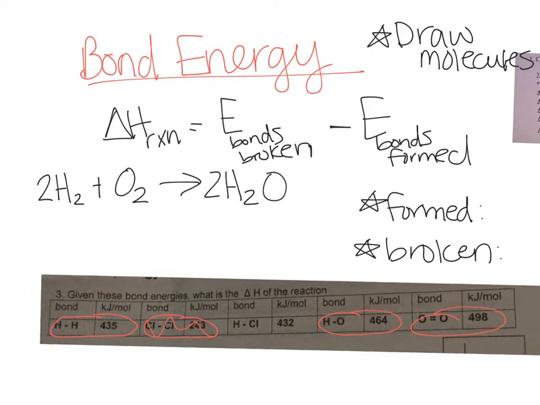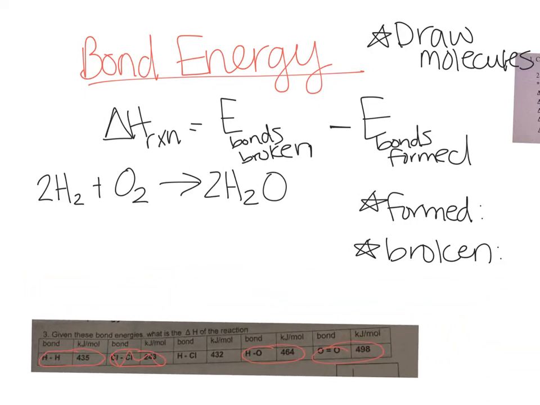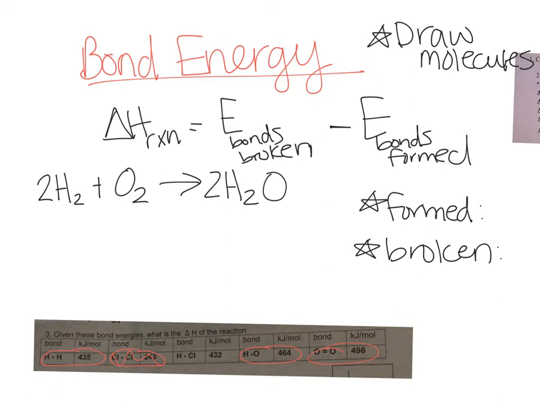So, just to kind of give you the things to look for, okay? You want to draw your molecules. So here we have H2. We have two H2s. So what I would do is I would draw two sets of H2s, okay? And then I have an O2. So I'm going to have O2. And then that's going to form two water molecules.